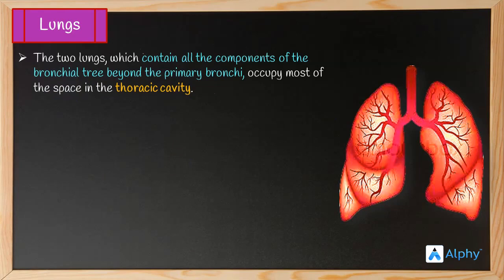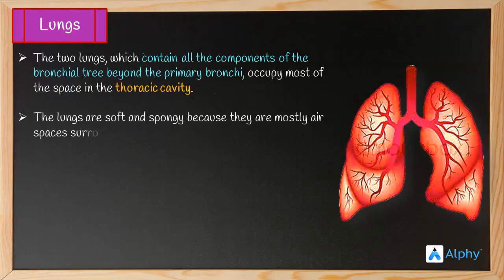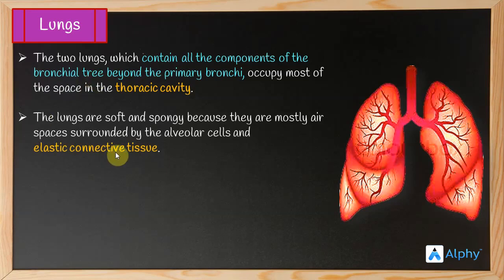Okay. Now, the lungs are soft and spongy because they are mostly air spaces surrounded by alveolar cells, and elastic connective tissue is present. So this connective tissue, along with the air spaces found between the alveolar cells, is responsible for the soft and spongy form of the lungs. Clear?